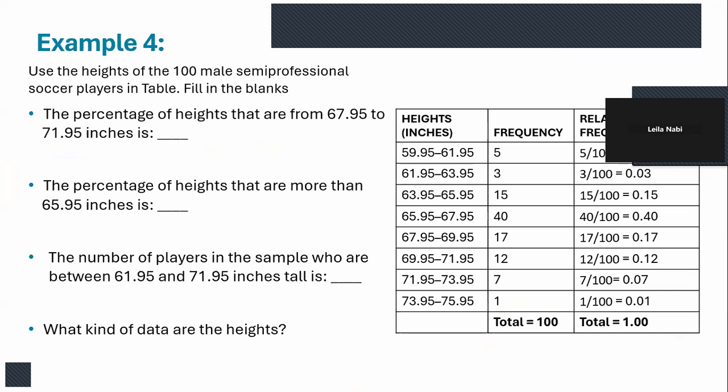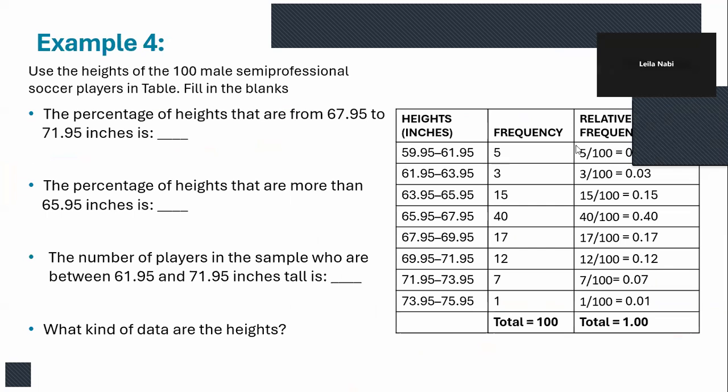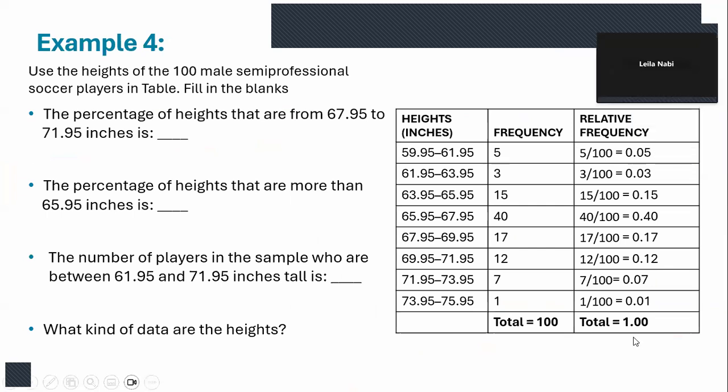In this example, the heights of 100 male semi-professional soccer players are given in the table. We have the heights in classes, we have the frequency, and we have the relative frequencies. Now it's asking the percentage of heights that are from 67.95 to 71.95 inches.